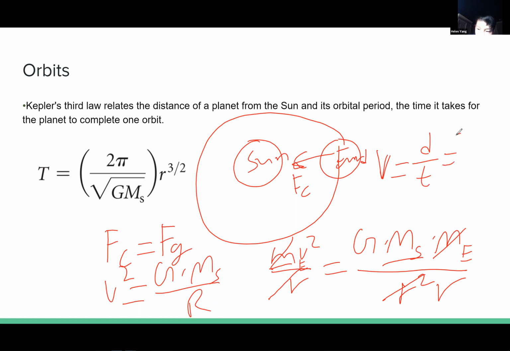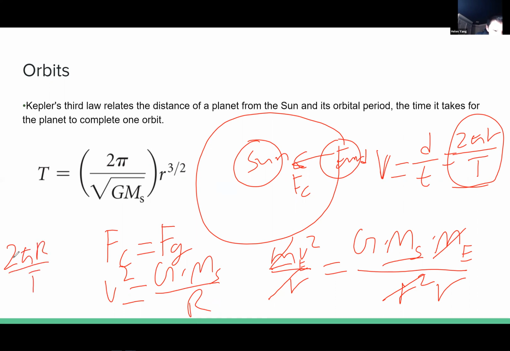And the distance would be 2 pi r, and the t would actually be the period. And I won't get into that right now, but it's 2 pi r divided by t. So if you plug that in, it'd be 2 pi r over t, squared, is equal to G times the mass of the sun over r. I'll write that again.